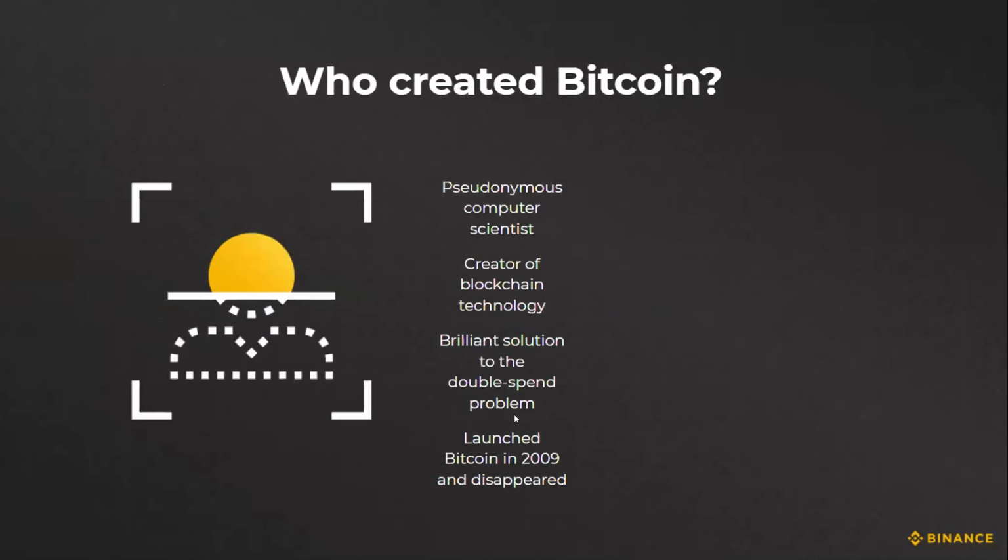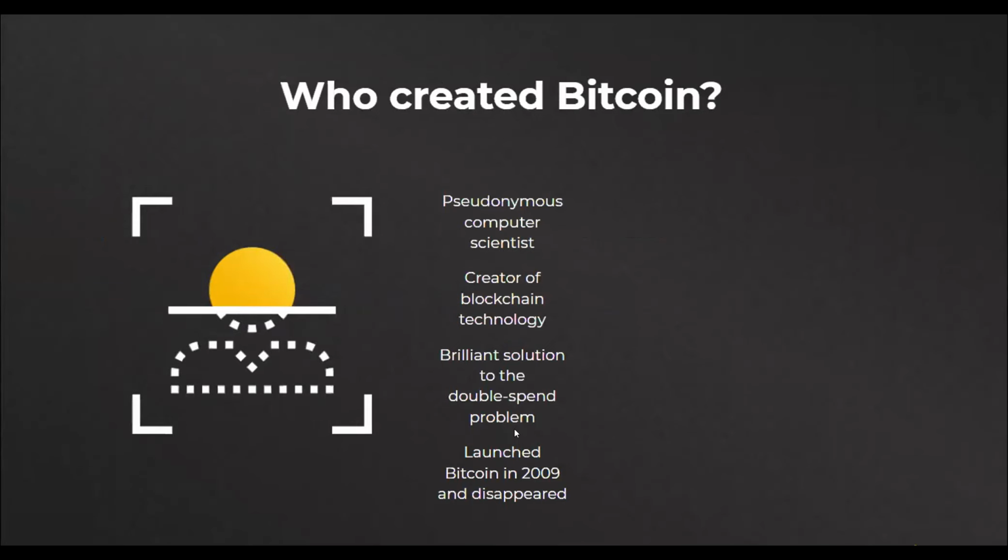Then, who created Bitcoin? I'm sure you've heard of Satoshi Nakamoto. A lot of us don't really know who he is. We don't know if it's a person, if it's a group of persons, if it's male or female. We just don't know. We just know that this person is a computer scientist, and created blockchain technology, and solved the problem of double spending. Double spending is when a digital asset exists, somebody can easily copy and paste it and send it to other people.